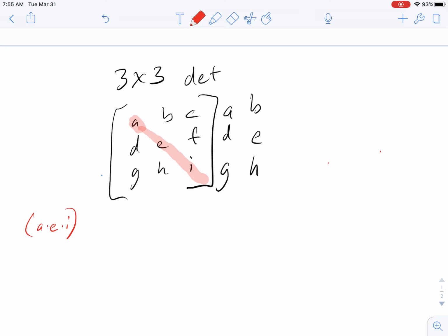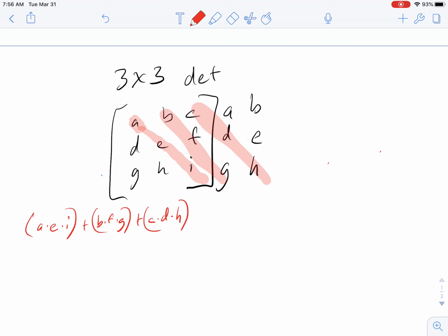So then I'm going to do that for the other diagonals as well, right next to it. I'm going to do the same thing for the next diagonal, B, F, G. B times F times G. Then I'm going to go C, D, H. So that first diagonal is going to produce a product.